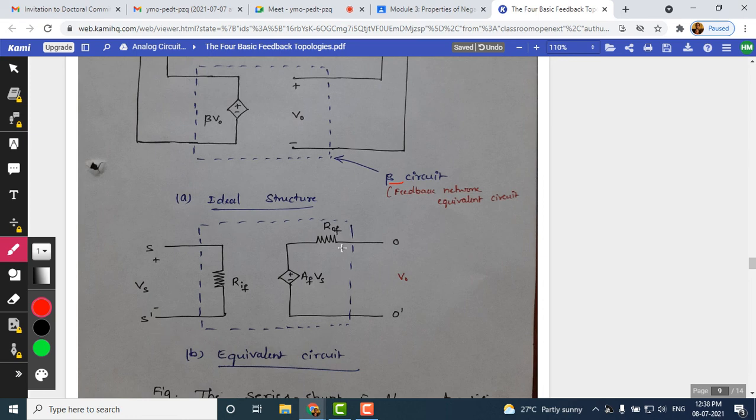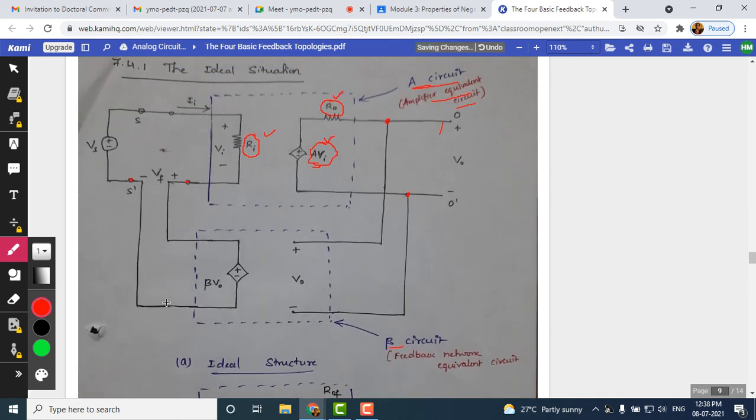As you can see here, we have given a notation S and S dash. Look at where they are in the equivalent circuit. We are putting this entire thing into another block diagram, this big one here, and there is O and O dash as well.